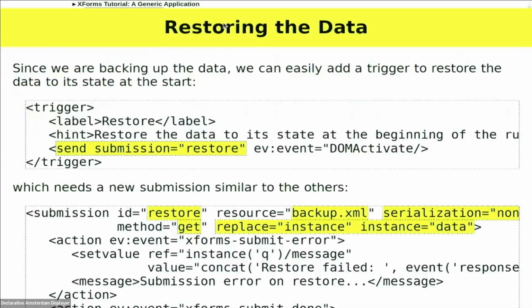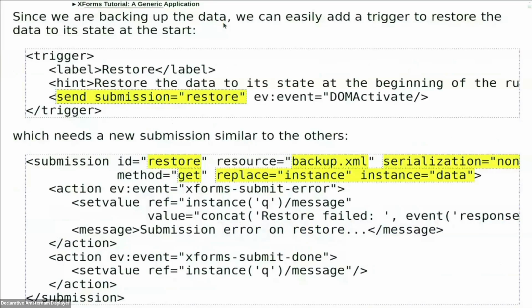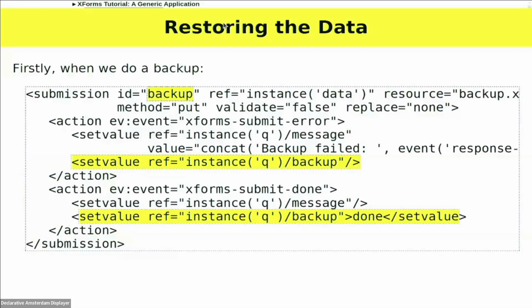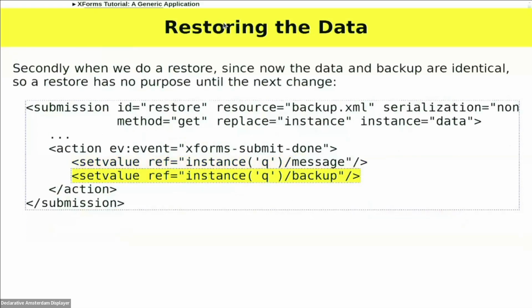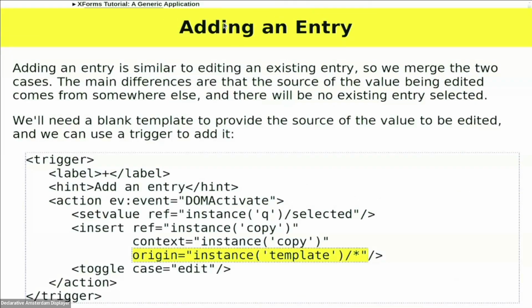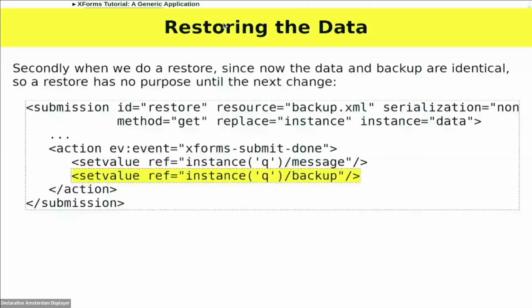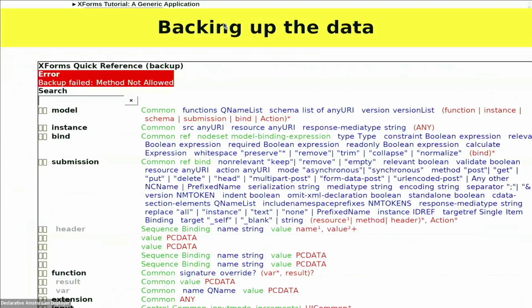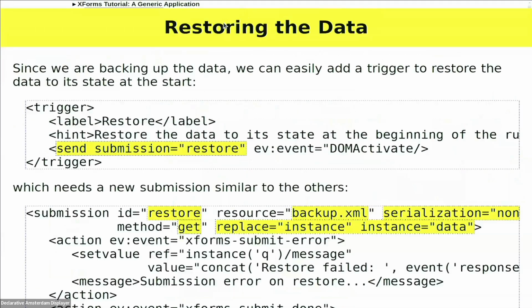And I guess since you don't all know this, let me find an example where it's got an if. Basically, on the action where you do the send, so for instance, here you've got send submission equals restore.